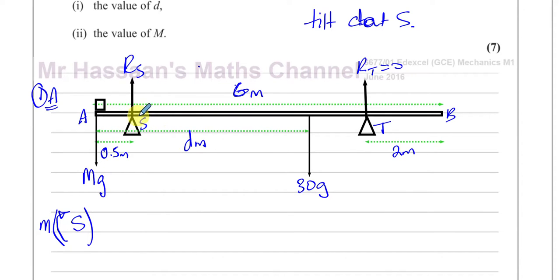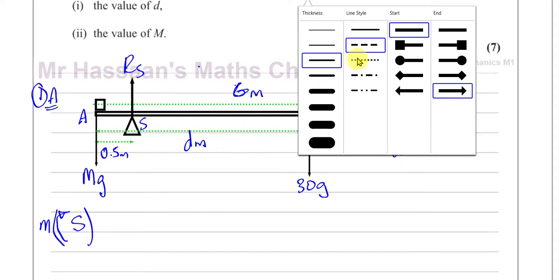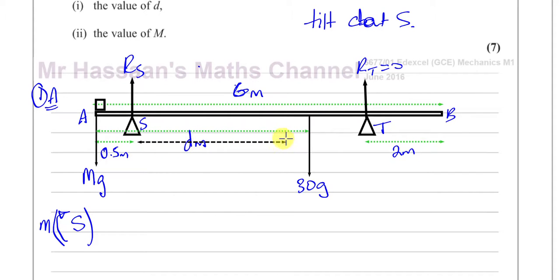So here we have just the 30 kilograms, which is acting in the clockwise direction. The distance from S, which I'm going to have to use, is d minus 0.5.